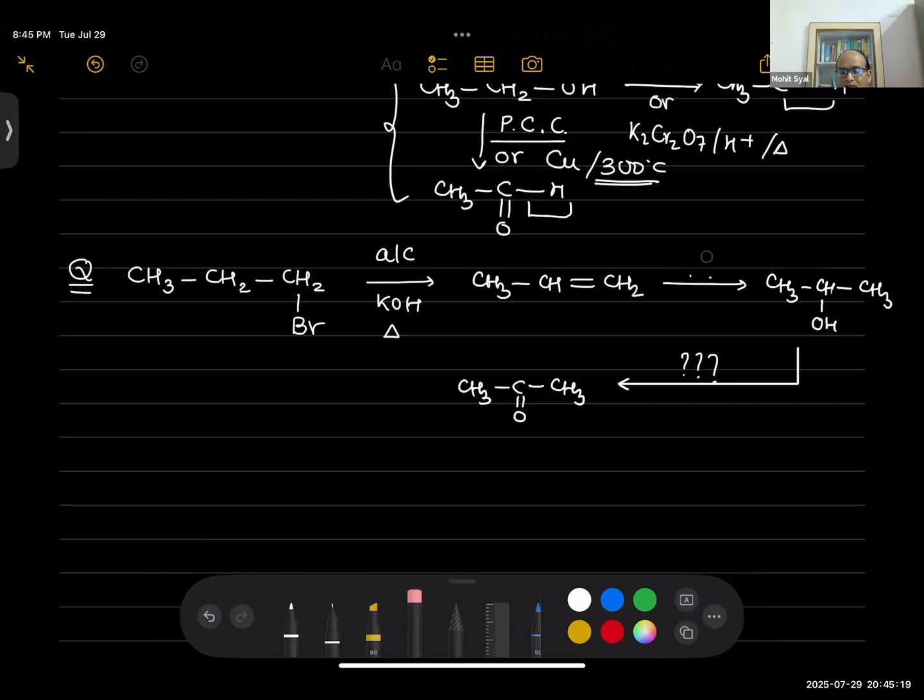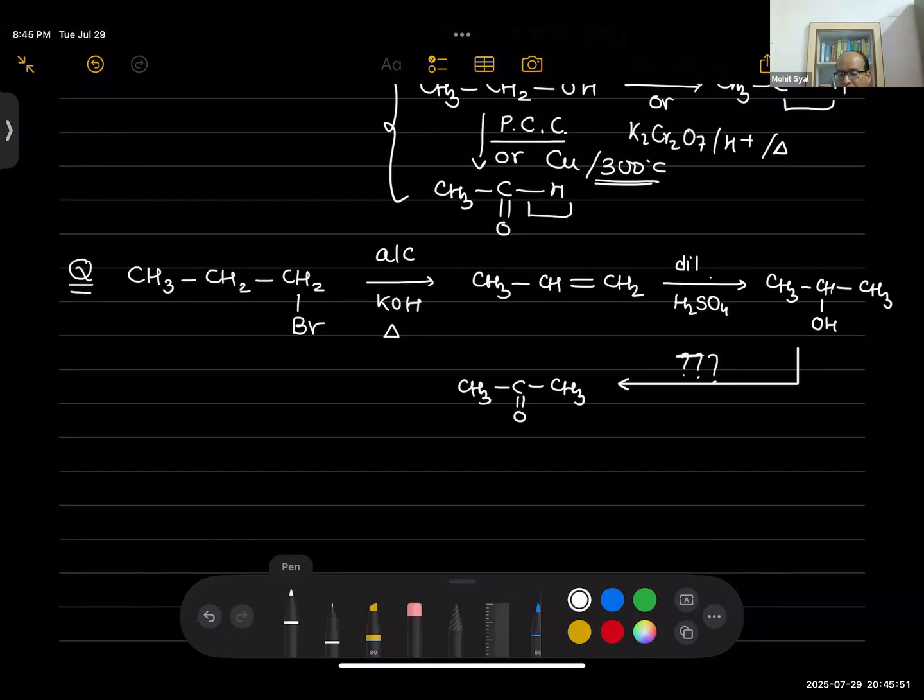Once you have the double bond, how can you add water? This is the first method which we have seen for the preparation of alcohol: acid catalyzed hydration of alkenes, using dilute H2SO4. I hope all of you remember it.